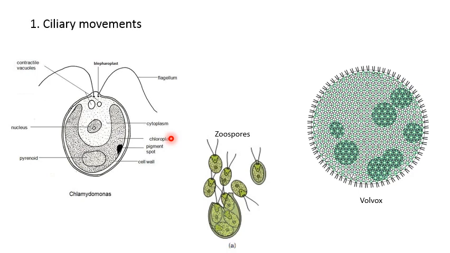The entire plant body moves. This kind of movement is also seen in zoospores, because zoospores also have flagella. So this is about ciliary movement seen in these algae and the zoospores.